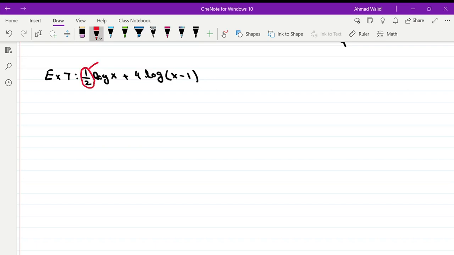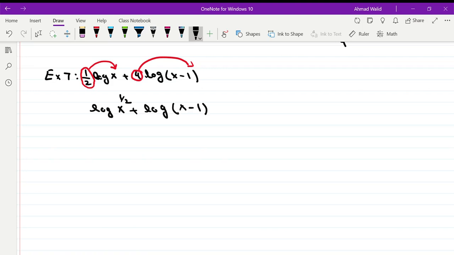first move this number to the exponent, right? You see I have 2 of them. I'll move them to the exponent. Then I will write log of x to the power of 1/2 plus log of x minus 1 to the power of 4. I'm excited, I made a mistake. Now addition, to write addition as a one single log, you have to change it to product.